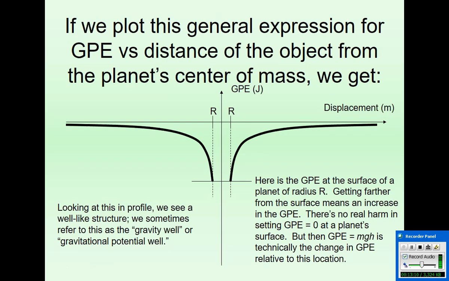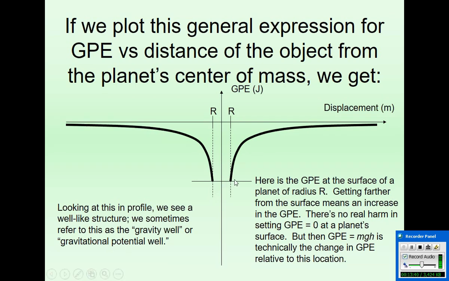Where does mgh come into play? mgh resets the location of zero potential energy. For the sake of convenience, it's often nicer to measure your gravitational potential energy with respect to the surface of this large object, because on the scale of things, you're going to remain so close to the surface of the object that the gravitational field strength really doesn't change.